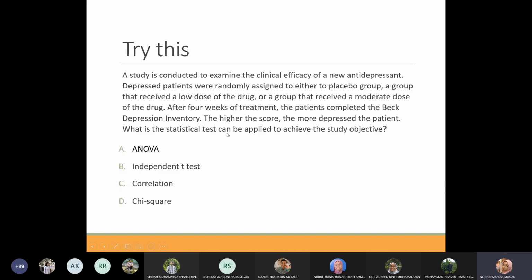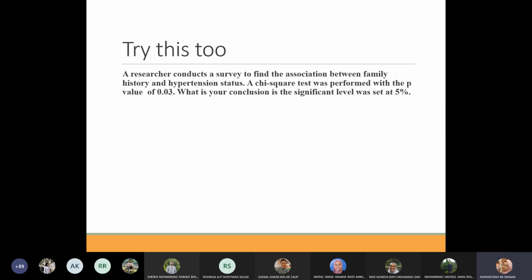Which statistical test can be applied to achieve the study objective? A, B, C, or D? Is it ANOVA? Okay, the answer is A, ANOVA, because there are still 3 groups here, and the dependent variable is numerical data, which is the score.